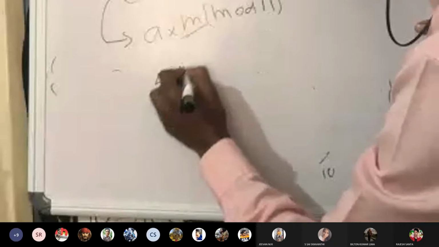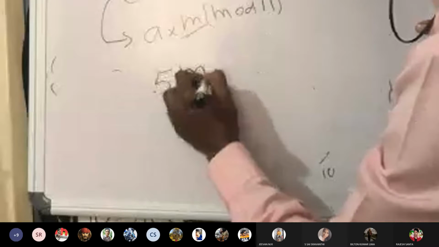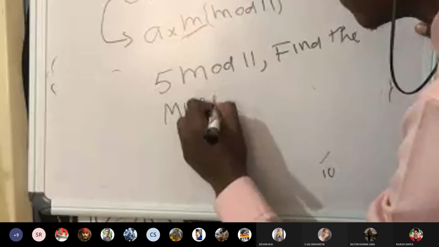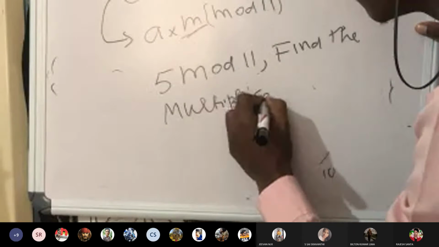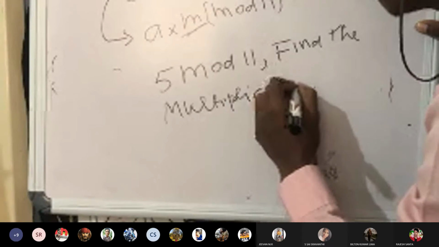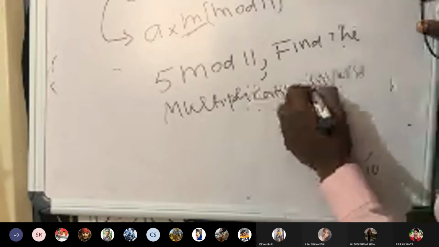So now, let's take an example in mod of 11. Let's take example 5 mod of 11. Find the multiplicative inverse.